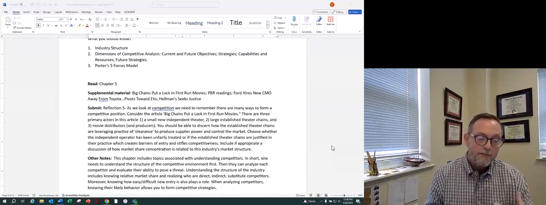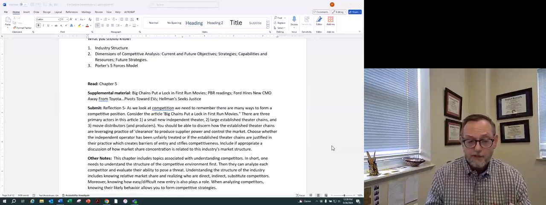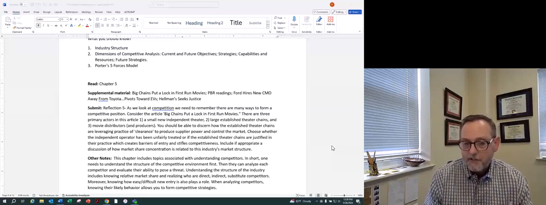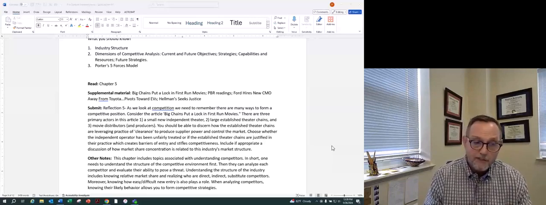And so our reflection this week, our discussion, deals with a situation where a small independent company who has very little to no market share is trying to compete with very large companies that have large market shares, but also control a lot of the market by use of a leverage they have in the movie theater industry called a clearance.